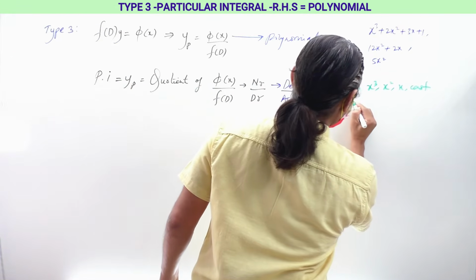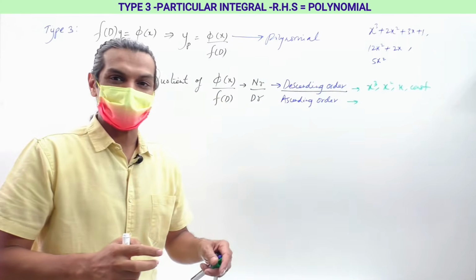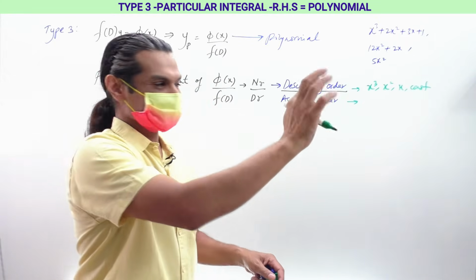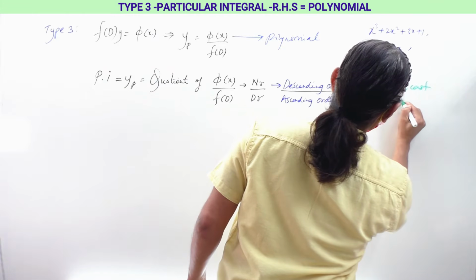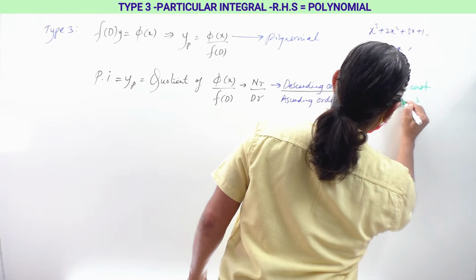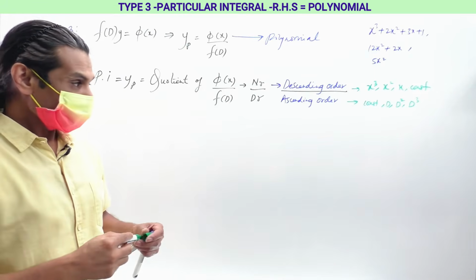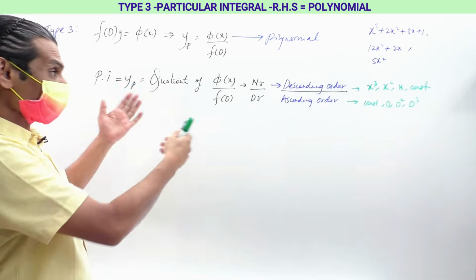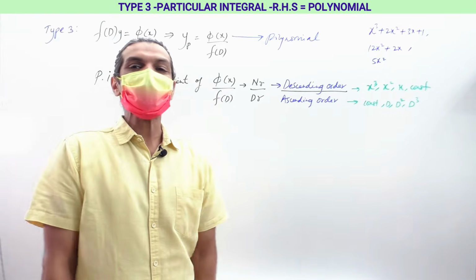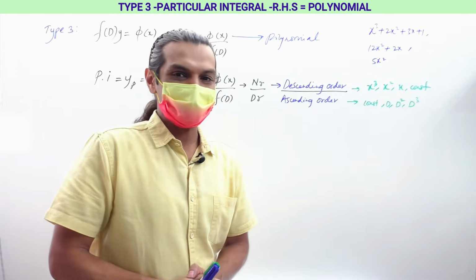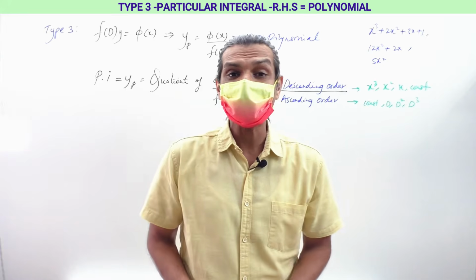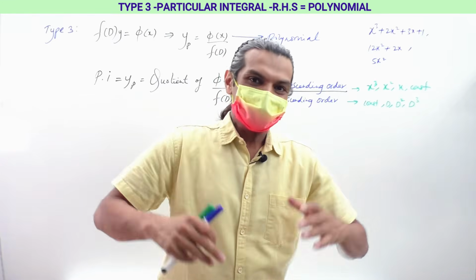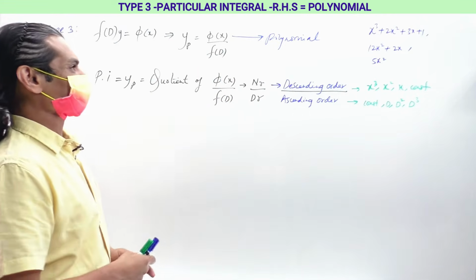The denominator is in ascending order of D's like constant, then D, then D square, then D cube, and so on. That's all. So divide it, get the quotient, and that quotient is nothing but the particular integral. Very easy. I'll help you understand in a very clear way by solving the problems. So let's move on to the problems now.